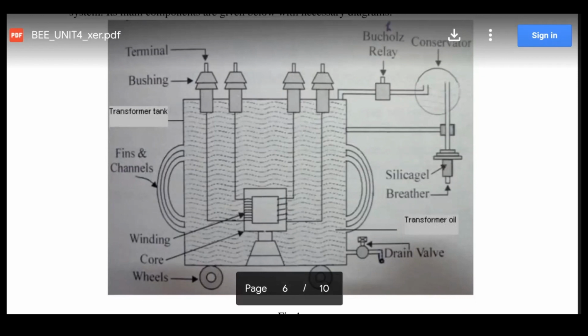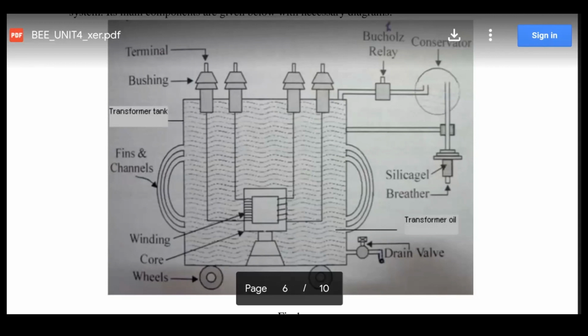Its transformer core, which is shown here in a rectangular form, but otherwise it is the shape of a cuboid, you can say. Core should have high permeability. So iron and its alloys which obey this property are accepted as a material for transformer core.